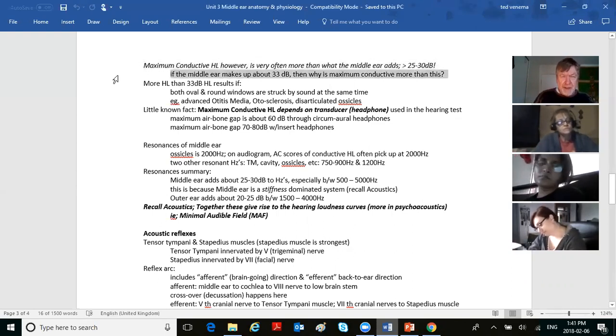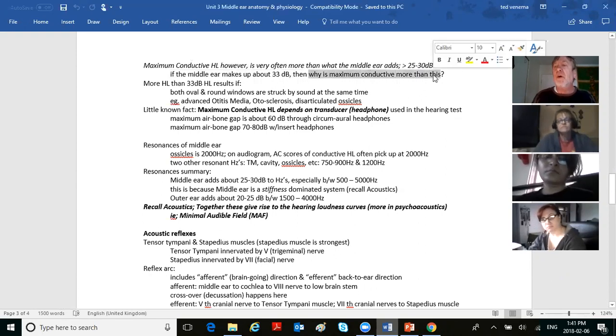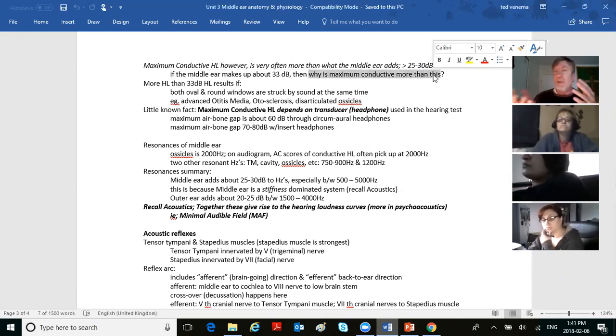If the middle ear makes up 30 to 35 dB, then why is maximum conductive hearing loss more than this? In other words, when you measure under headphones, you can get a 60 decibel conductive hearing loss. Well, if the middle ear makes up 30 to 35, how come your conductive hearing loss can be worse than that?